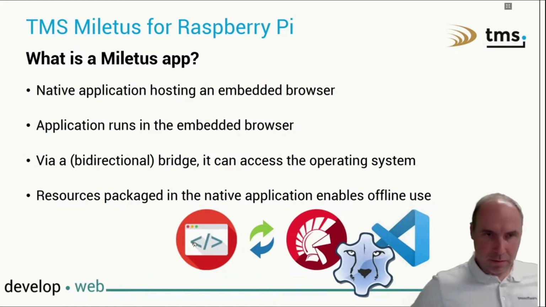And of course, with the limitation of running in an embedded browser, you cannot do everything you want in a native desktop application, so there is the need to have a bridge that performs bidirectional communication between the application running in your browser and the operating system.